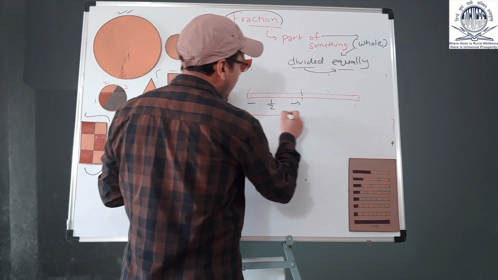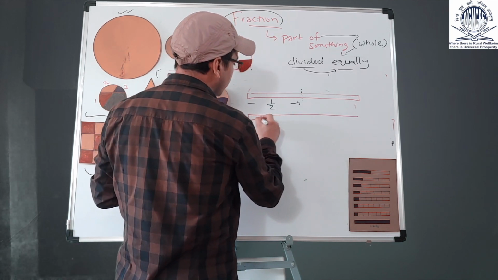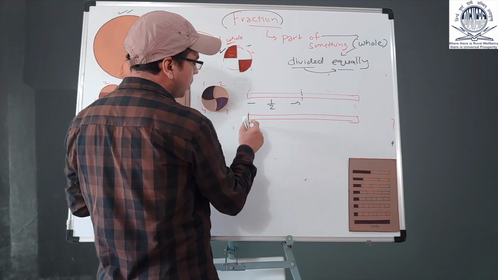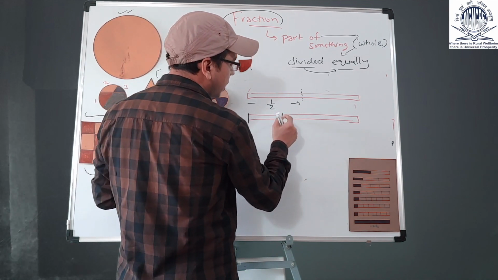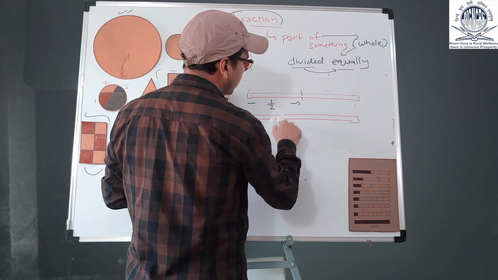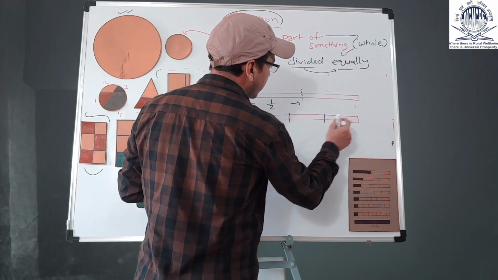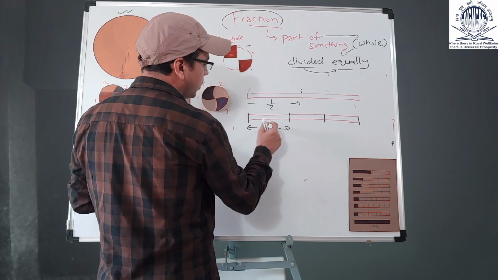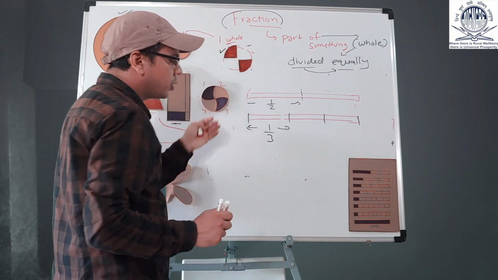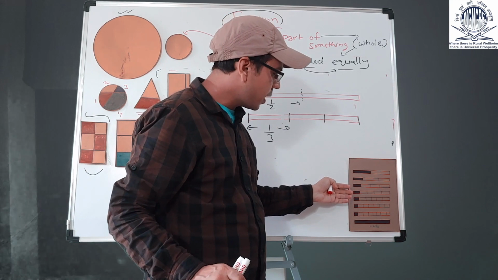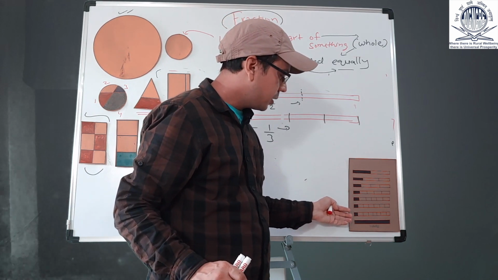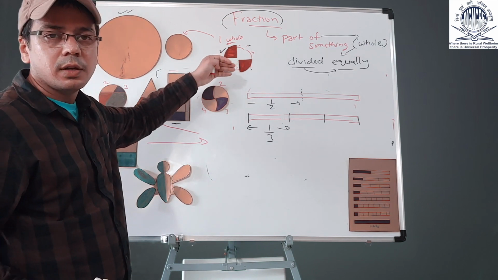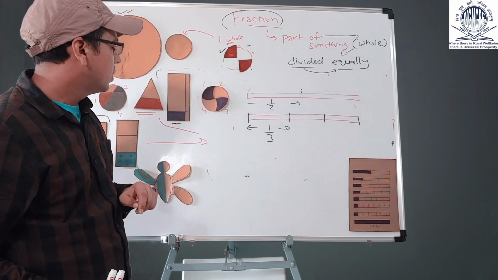But let's say I'm going to divide it into 3 parts, so I'll put 1 division over here, and 1 here, and 1 will be here. So I'll say, okay, this portion would be 1/3. Similarly, you can get 1/4, 1/5, 6, and then 8 and 9 and 10. So the whole portions in fractions, you can divide it into any number of parts.